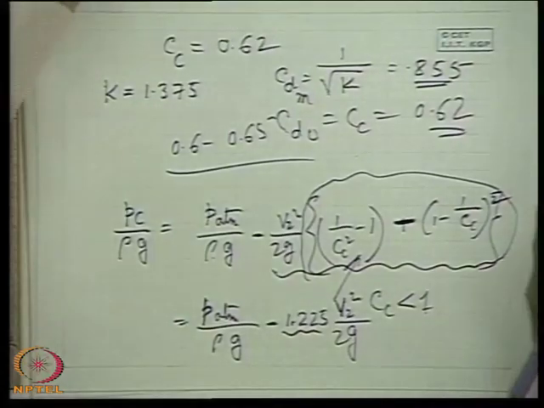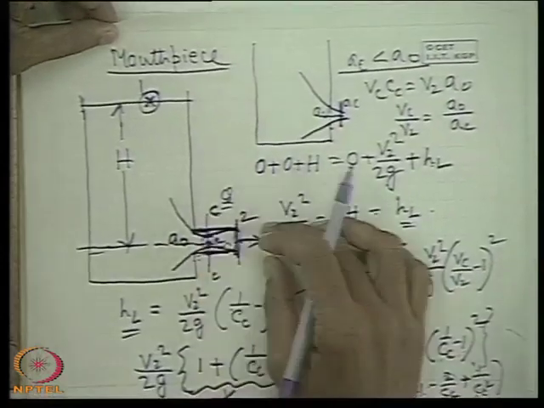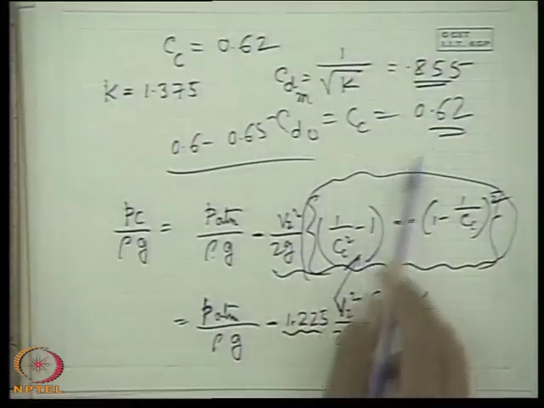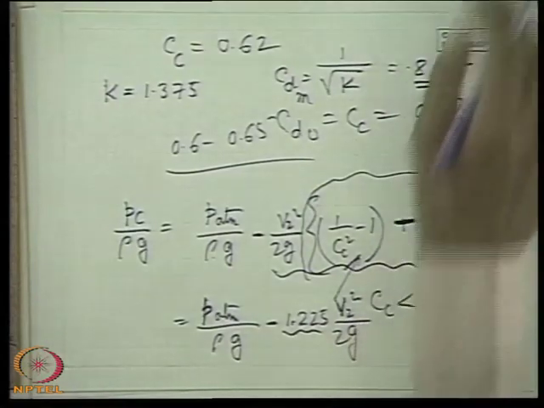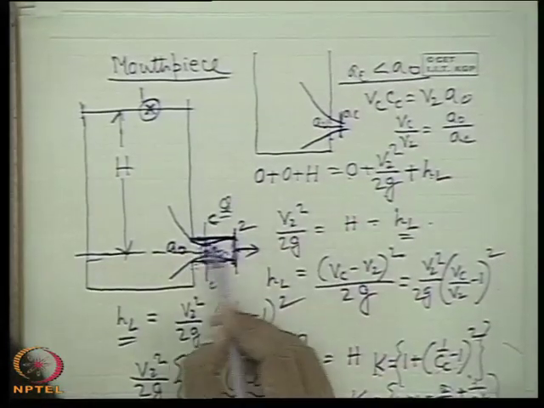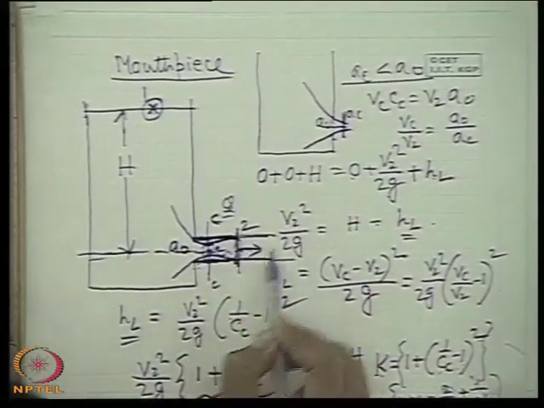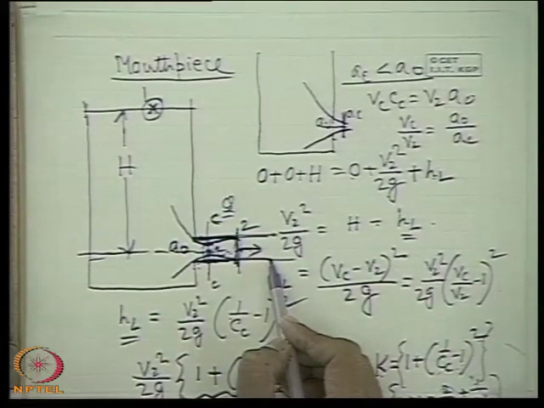So therefore we see that by attaching a mouthpiece, that means a short cylindrical portion, the discharge rate will be increased. But why am I saying a short portion? If instead we give a very long cylindrical part projected, the discharge rate may not be increased. Why? This is because frictional loss will be more.